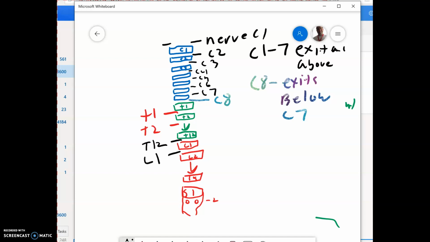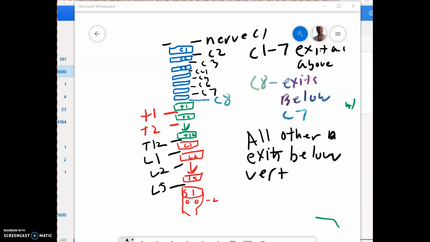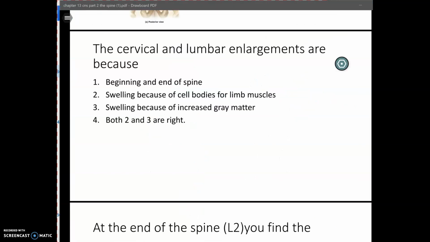So L1 nerve exits under L1 vertebrae. L2, below this vertebrae. L5, you named it, it exits below the 5th vertebrae. And so forth. So the rest of the vertebrae, rest of the nerves, all exit below the vertebrae they are named for. Okay, let's do some assessment here.